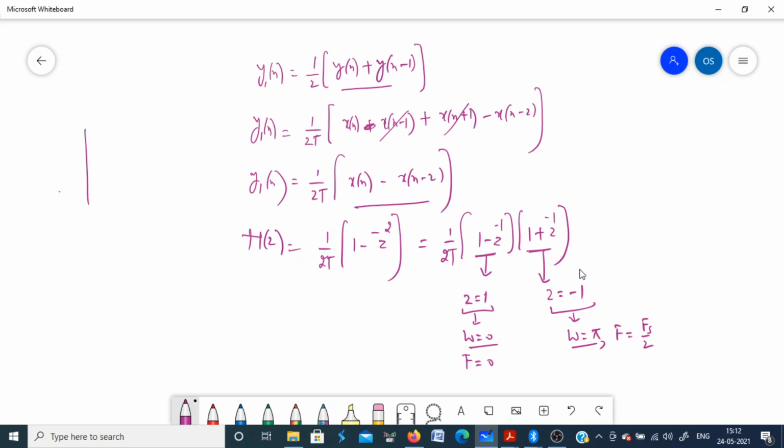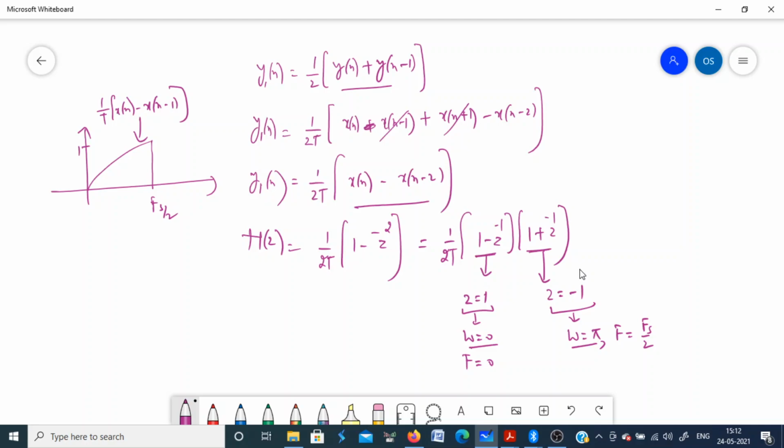So in the earlier case, your magnitude response was like this. From 0 to fs by 2, the gain was increasing. This was for the first order difference, 1 by T, x(n) minus x(n minus 1). This is the frequency response.